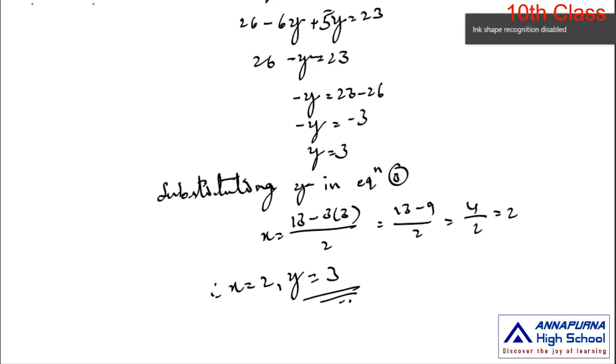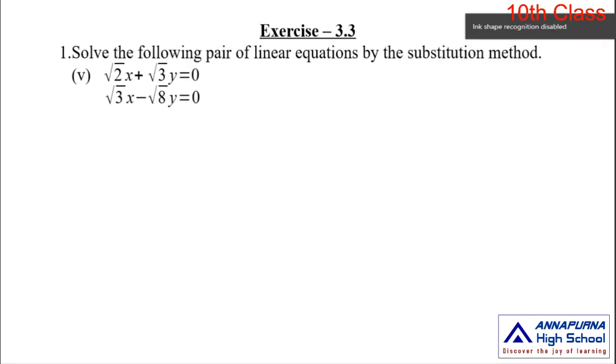And the next pair is root 2x plus root 3y is equal to 0, and root 3x minus root 8y is equal to 0. So this is the fifth pair. Okay, so first write down the given equations.